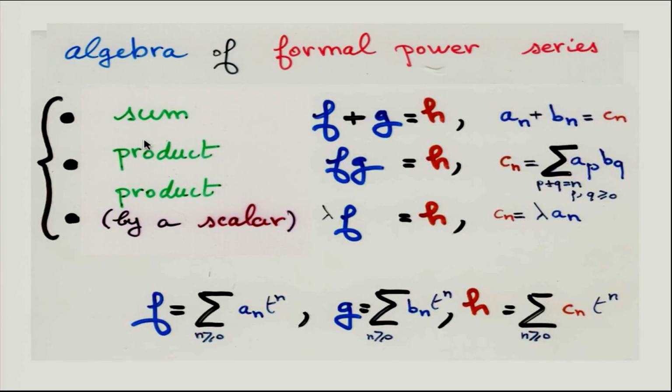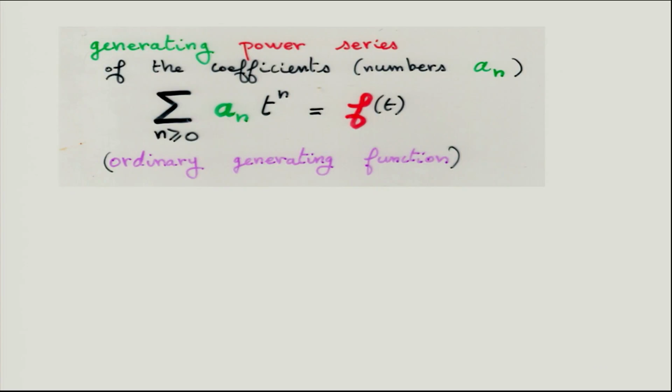So with these three, the sum, product, and product by scalar, you get a vector space. In fact, you get an algebra, the algebra of formal power series, which is an extension of the algebra of polynomials. And so I define the generating function for any sequence of numbers, or any sequence An.